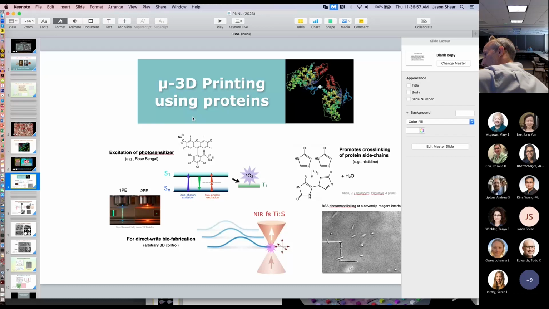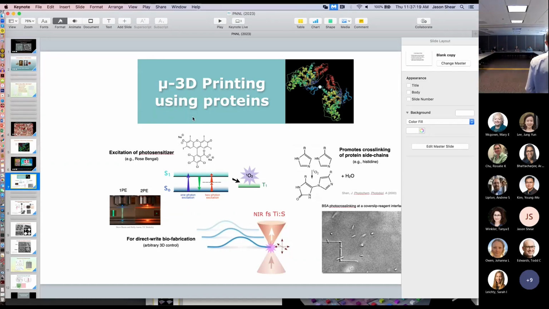You can see as the laser is focused through solution, it's exciting it pretty much along the axis. Here's 2-photon excitation. Instead of using these short wavelength photons, they're using near-infrared light. And what you can't see here is this little spot.